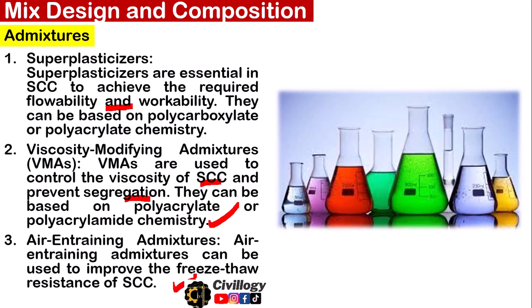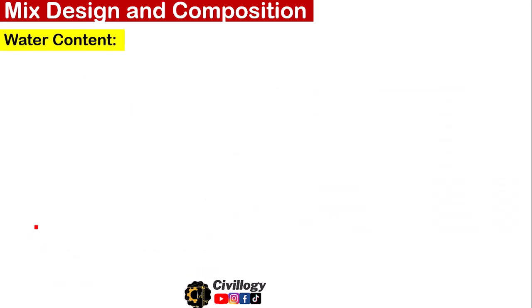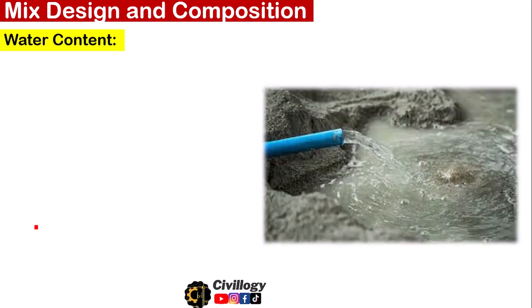So the admixtures used in the mix design of self-compacting concrete are of three types. The first one is superplasticizers. The second one is viscosity modifying admixtures, and the third admixture could be air entraining admixtures. And the fourth and most important component of self-compacting concrete is water content.